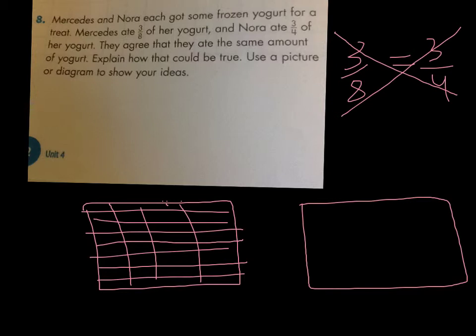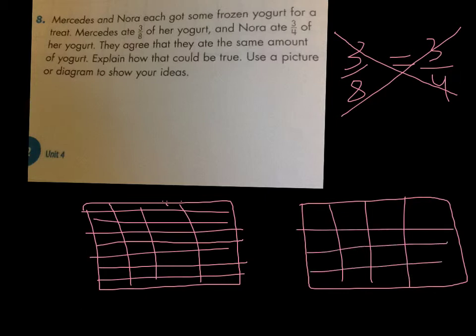And then Nora has 16 pieces of yogurt. So just get this set up. Okay, so actually let's do it with ounces. Mercedes has 32 ounces, and Nora has 16 ounces. So let's try it now.